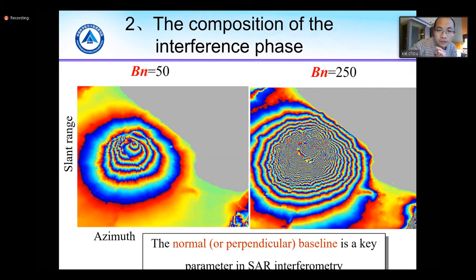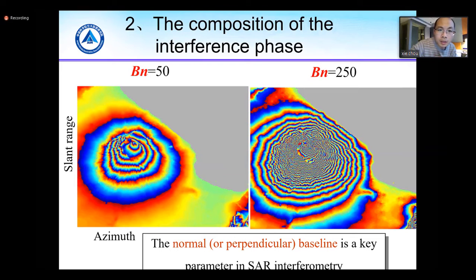Based on the formula, we can find this interferometric phase represents the topographic phase of the mountain. The height of the mountain is about 1,040 meters.